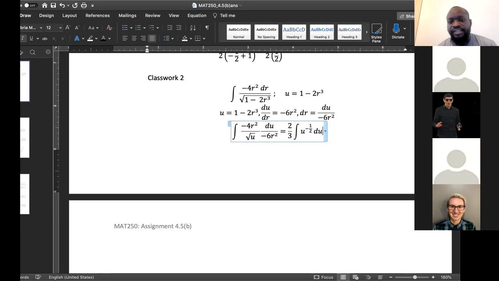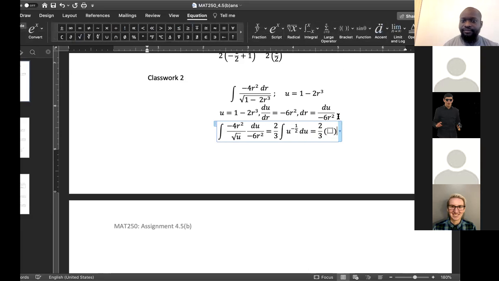So when I integrate this guy, u to the minus half gives me u to the half over half. So this is just 2 over 3 times u to the half, divided by half.